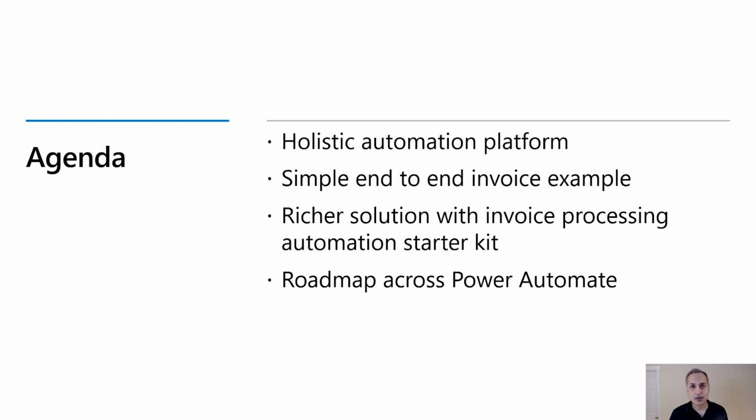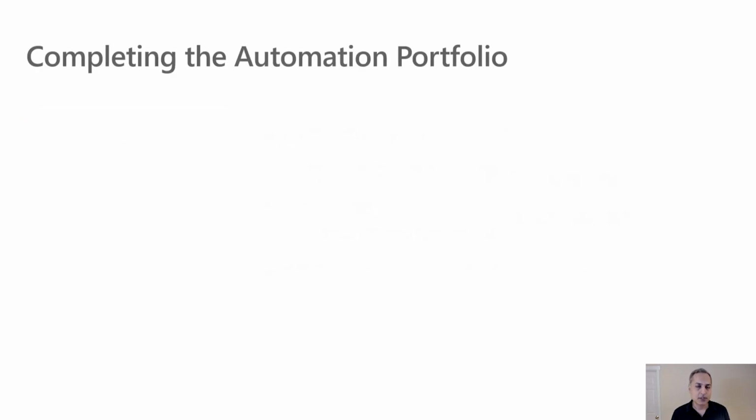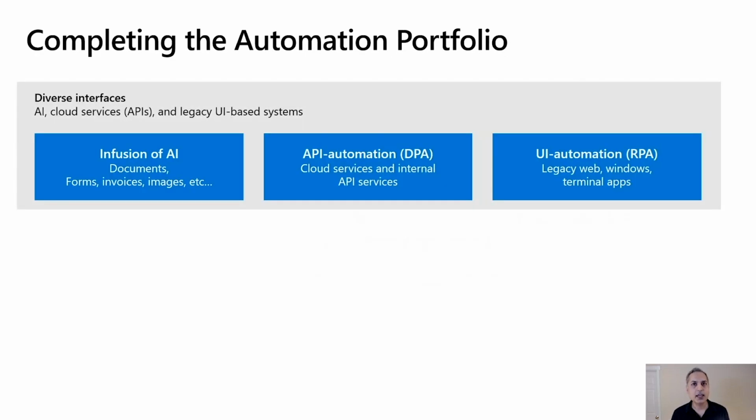Let's talk about the holistic automation platform. When we speak with customers, we usually hear about three classes of problems or three classes of needs of automation that they wrestle with. The first one is around document processing, where they're spending a lot of their time extracting data from invoices and documents, doing tedious, mundane tasks.